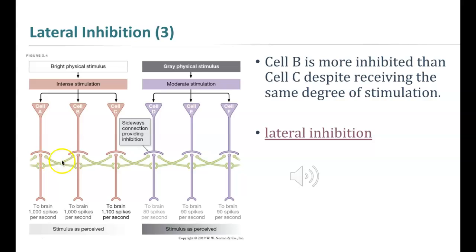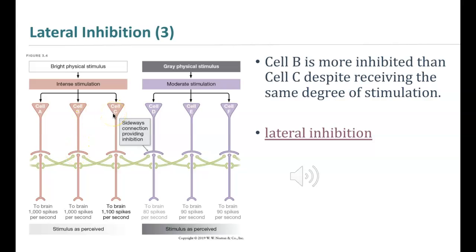Now, the horizontal cells are going to inhibit some of the action in the neighboring cells. So cell B is getting the same stimulation as A and C, okay, but it's getting inhibition across via horizontal cells, okay.